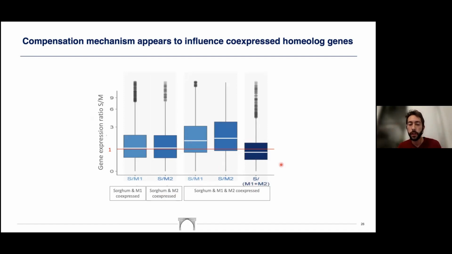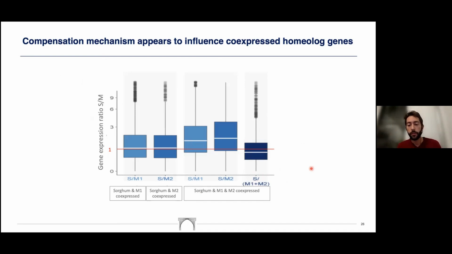So using our approach, we're able to prove these compensation mechanisms: when a cell has double the amount of genes, they are still expressed together, but at a lower level compared to the single copy in another species. What's pretty cool is that you don't see that very clearly if you do a bulk RNA-seq, taking all the cell types together, because here it's really cell type per cell type dependent.